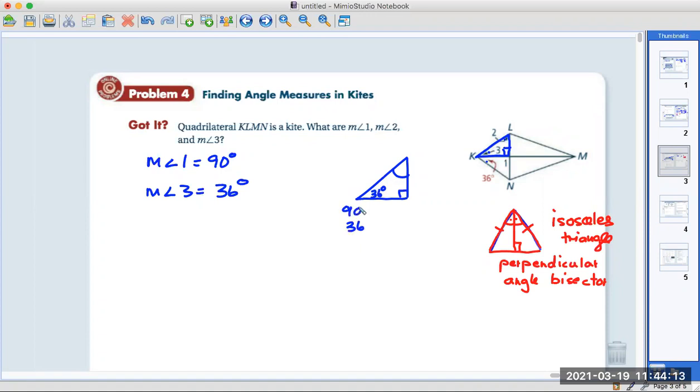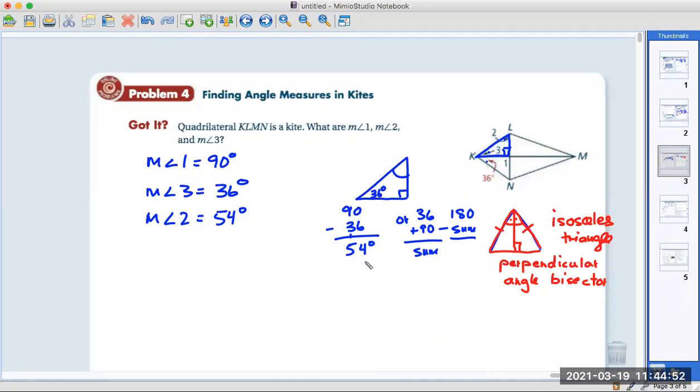So I can just say 90 minus 36, skip one thing, or you can say 36 plus 90 and then subtract your sum from 180. That's another way. But I'm choosing this one, it's simpler. 90 minus 36 is 54 degrees. So that one up here is 54 degrees.